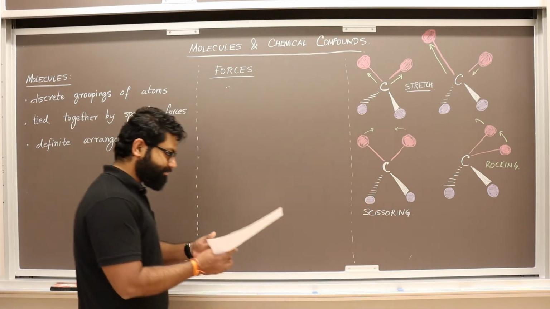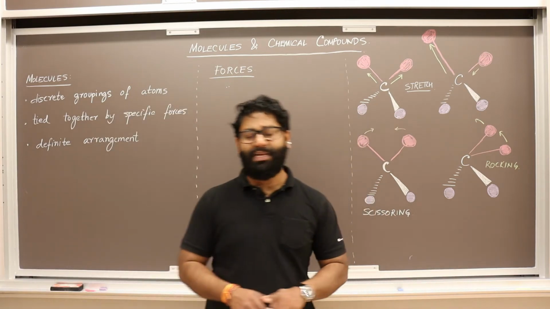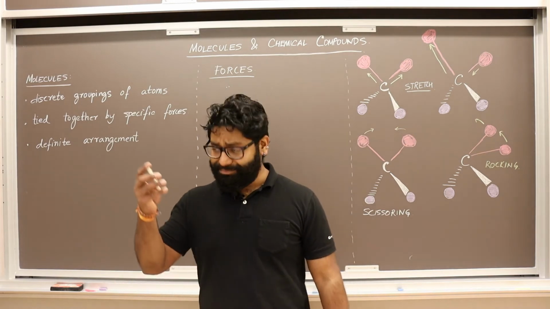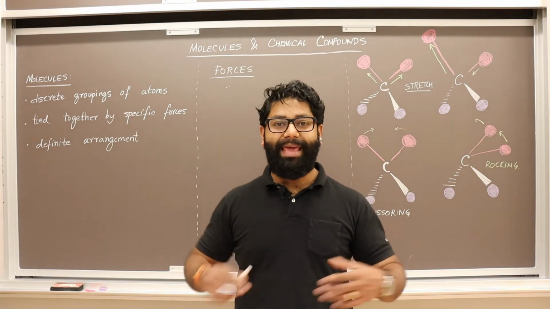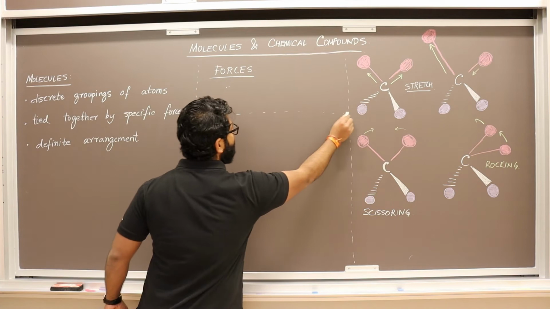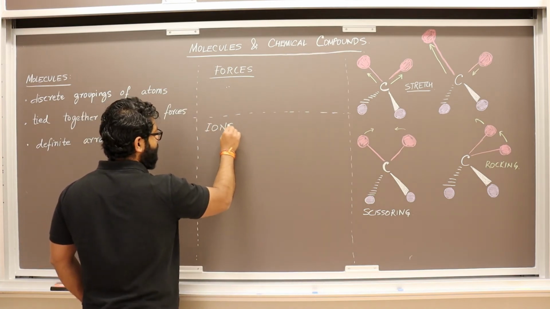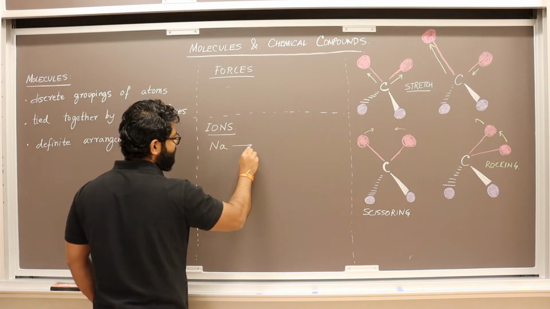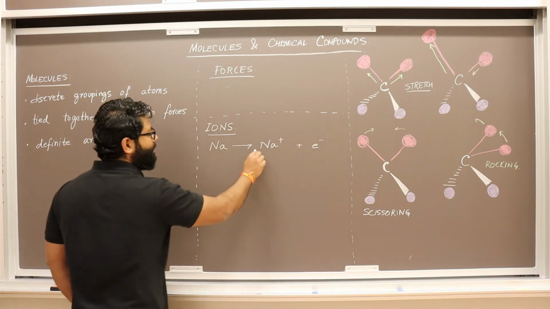Now we saw the concept of atoms, and of cations and anions. Now molecules can also gain charge. We saw how an element like sodium, if it has lost an electron, can form an ion.